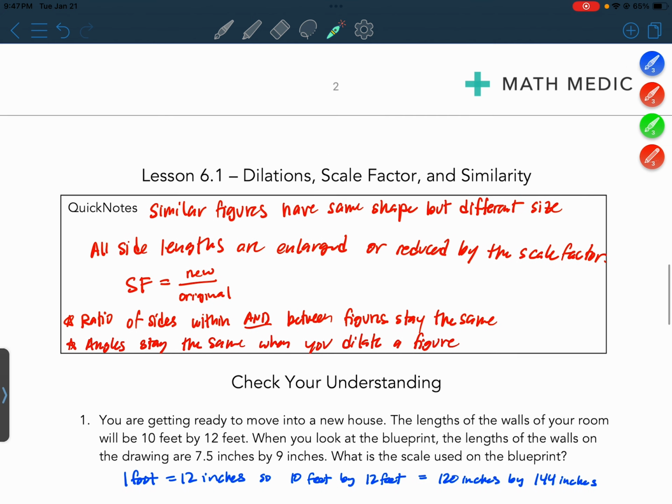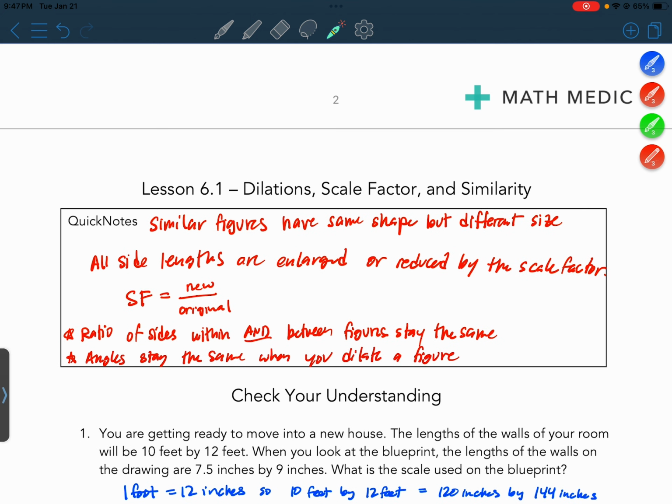All right, you can pause the video here and just keep the quick notes up on the projector screen. And then anybody who's still copying can go ahead and finish that. Once everybody in your group has copied the quick notes, then let's work for 5 minutes to do as many of the check your understanding questions as you can.